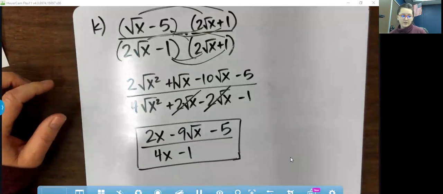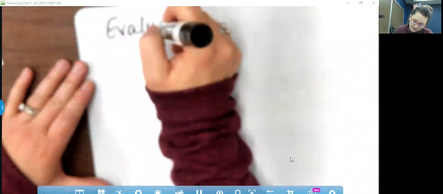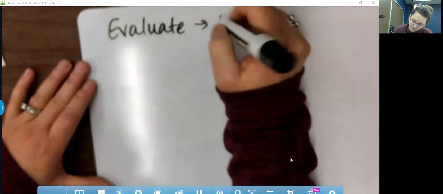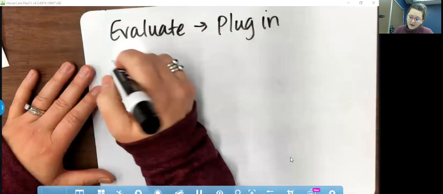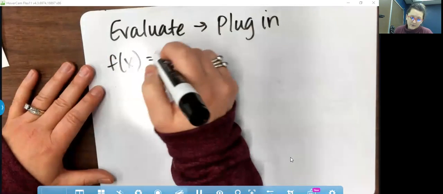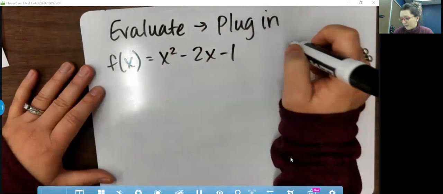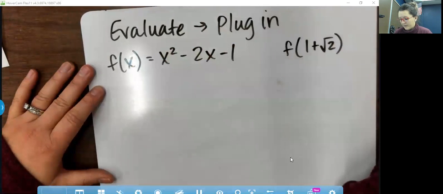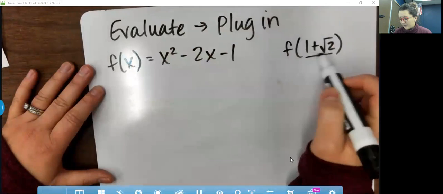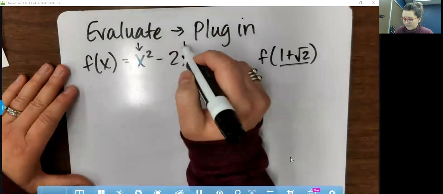Okay, last little section, we're going to evaluate the function. And when we say evaluate, remember that's just a fancy word for plug in, right? Or substitute. So if I have f of x equals x squared minus 2x minus 1, and I want to evaluate for f of 1 plus square root of 2, what that means is I'm just going to take this 1 plus square root of 2, and everywhere I see an x, I'm going to plug in that value, right?